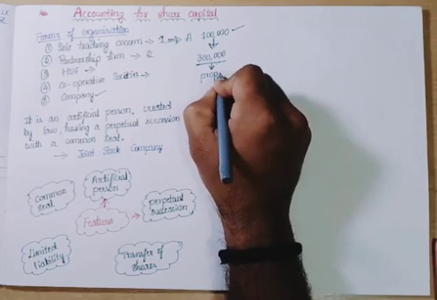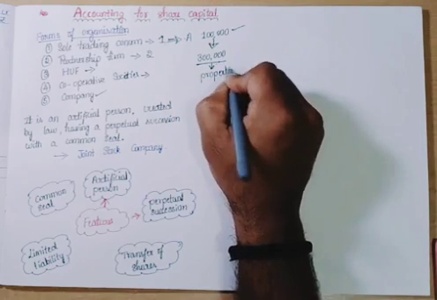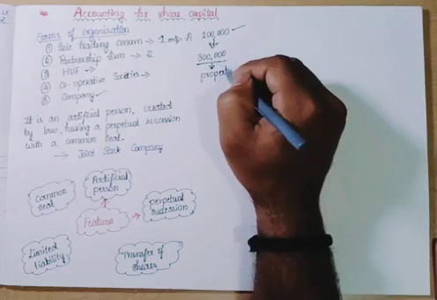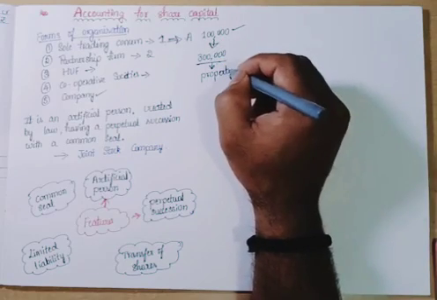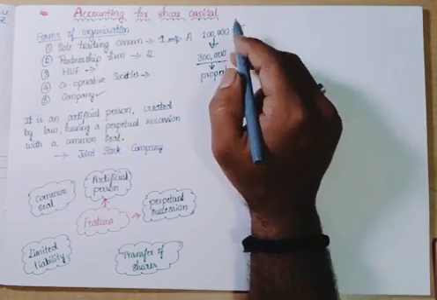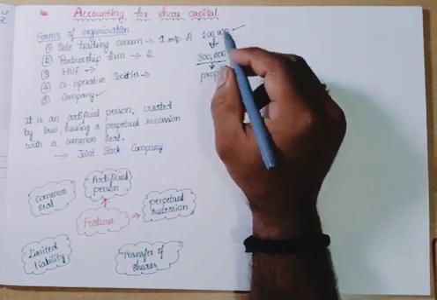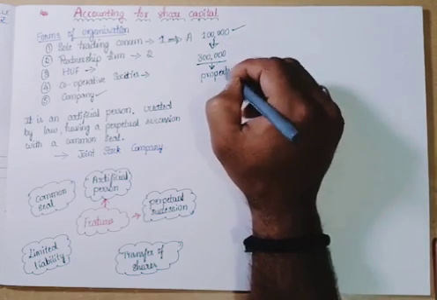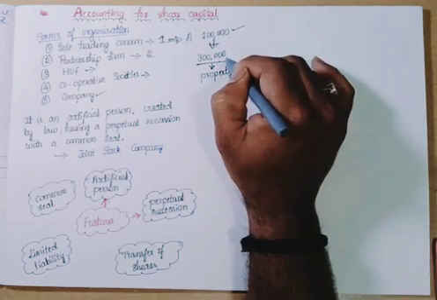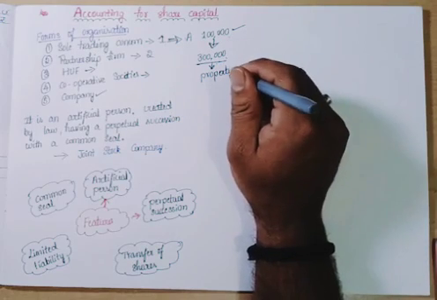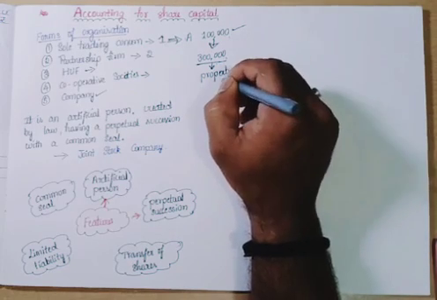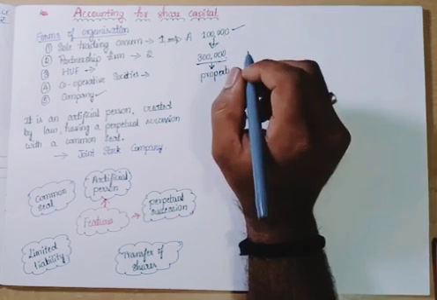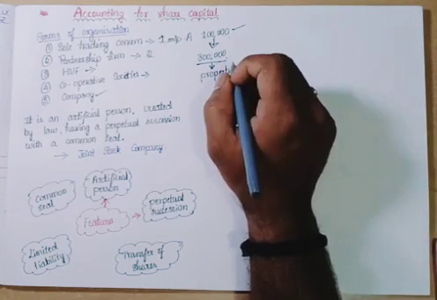The remaining shortage of 2 lakh rupees, he needs to cover out of his personal property. He should sell it and use it for his business loss. Then it is called unlimited liability. Any losses in business, if it is impacting the sale of his personal property, then that kind of liability we call unlimited liability.